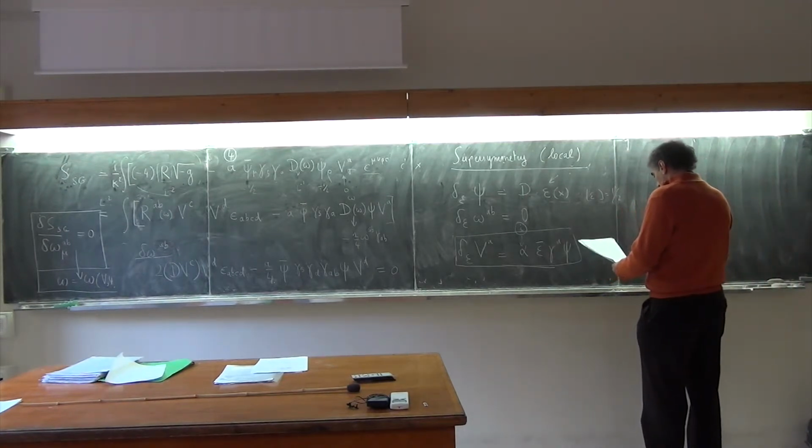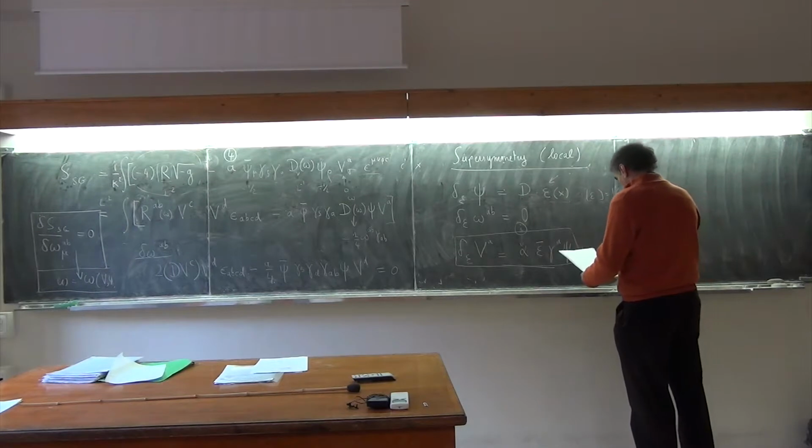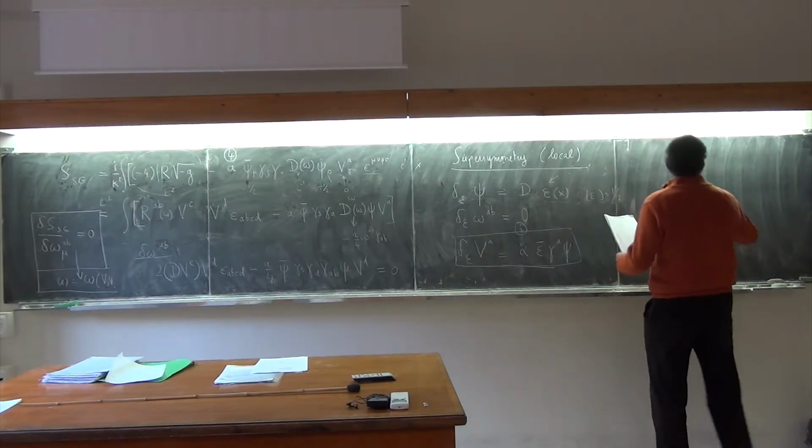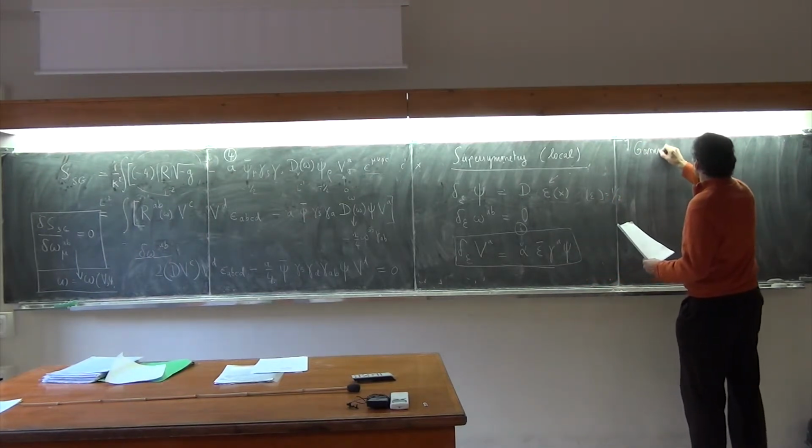Now, what I will use is the following identity. I said that gamma identities I would put here.